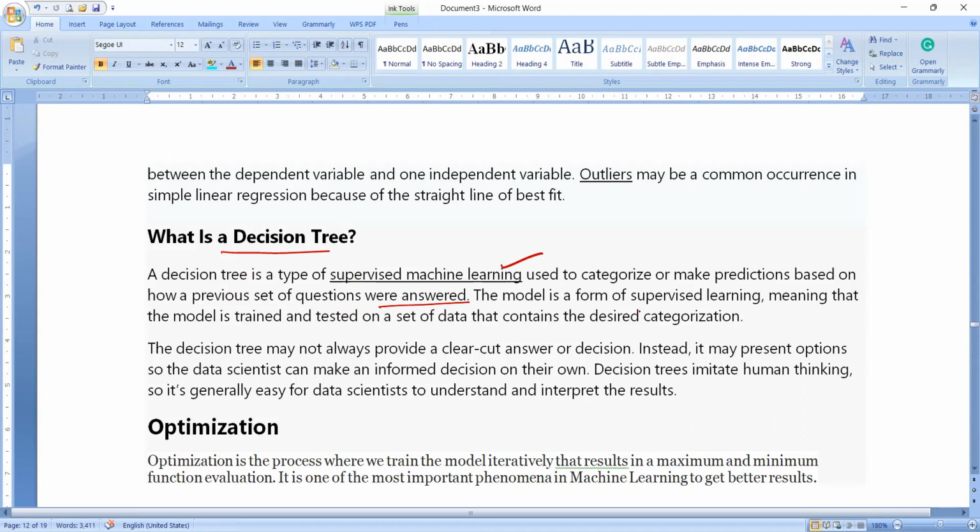The model is a form of supervised learning, meaning that the model is trained and tested on a set of data that contains a desired categorization. A decision tree may not always provide a clear-cut answer or decision. Instead, it may present options so the data scientist can make an informed decision on their own. Decision trees imitate human thinking, so it's generally easy for data scientists to understand and interpret the results.